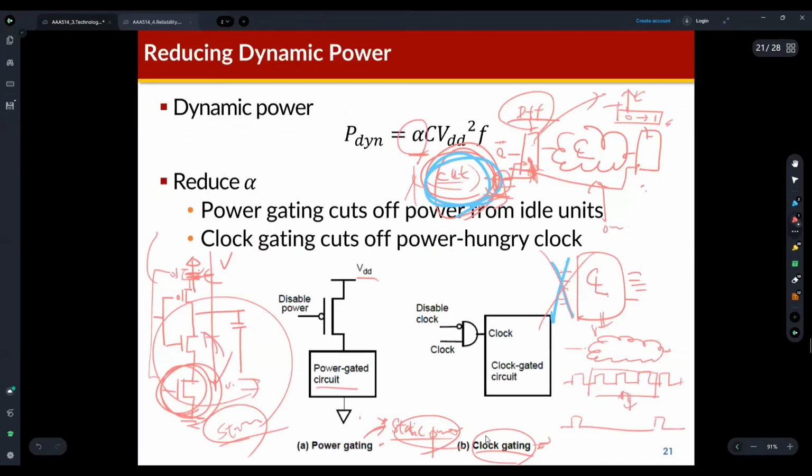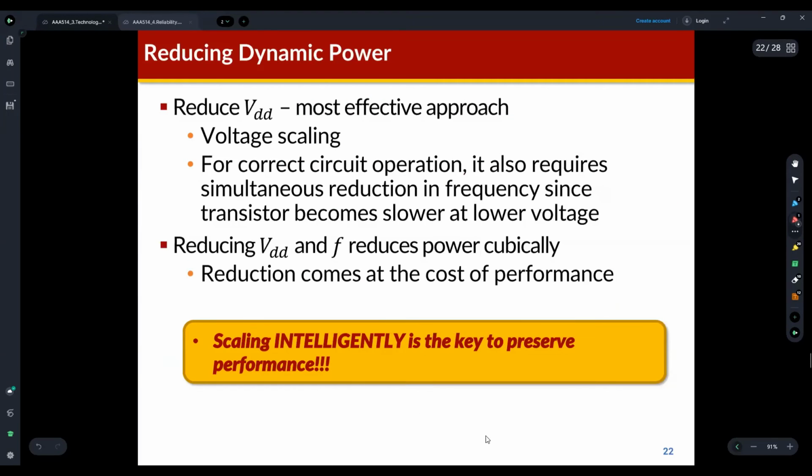And then C is just related to the number of transistors, so we cannot reduce that. And then VDD. If we can reduce the supply voltage, then the dynamic power is proportional to V squared.